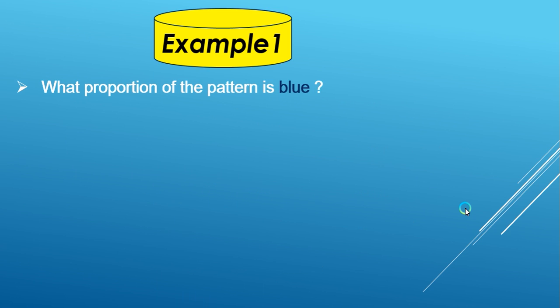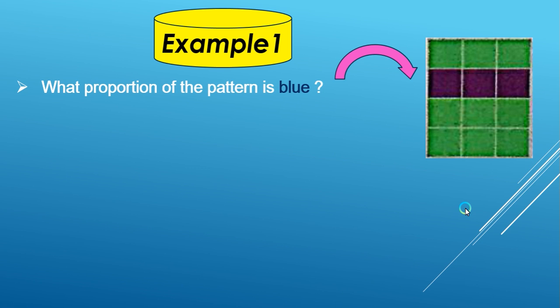Get this example. What proportion of the pattern is blue? So here I have 3 blue patterns from the total of how much? Before all this, I just want to remember something very important.